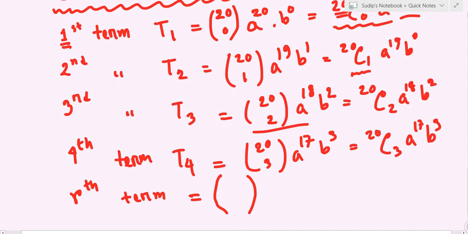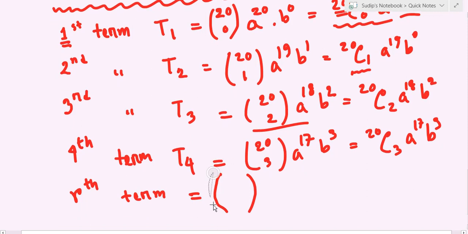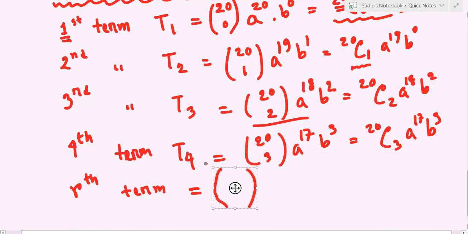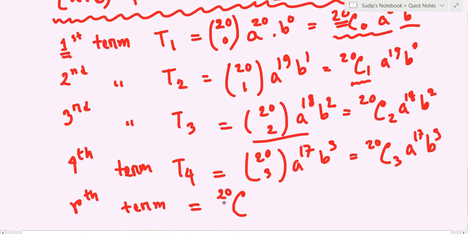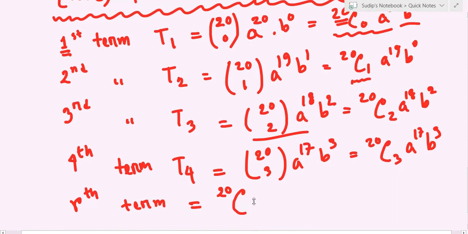So we can write it like this: for the rth term we will get a C, and at the top of the C we will write 20, because the power is 20. Now what will be at the bottom? We don't know what to write here, so we will observe what to write for the rth term.